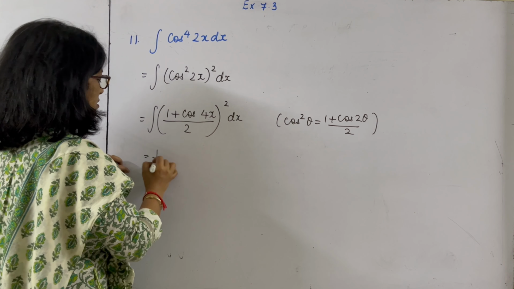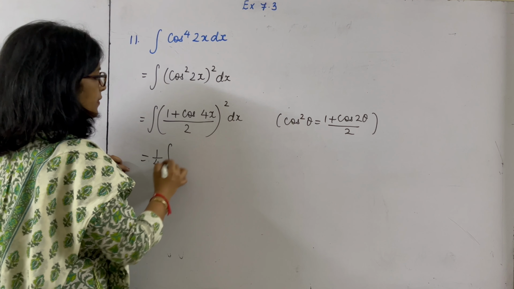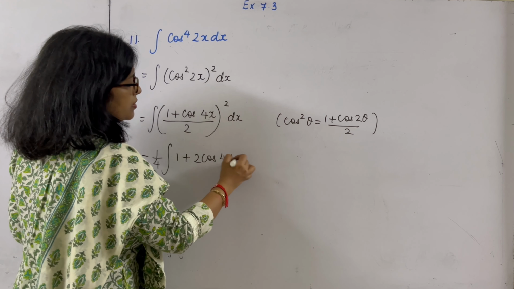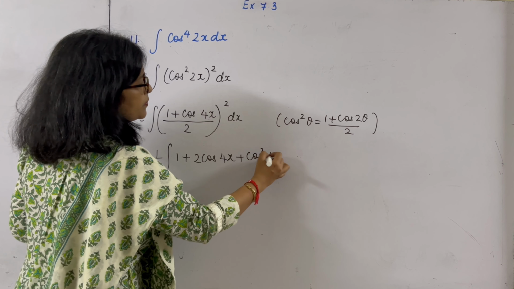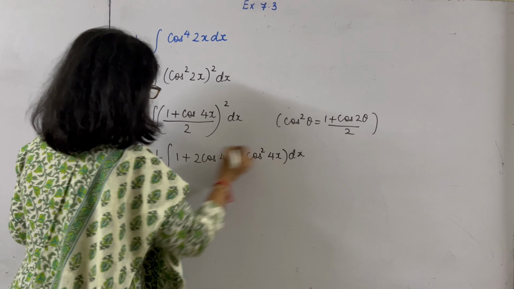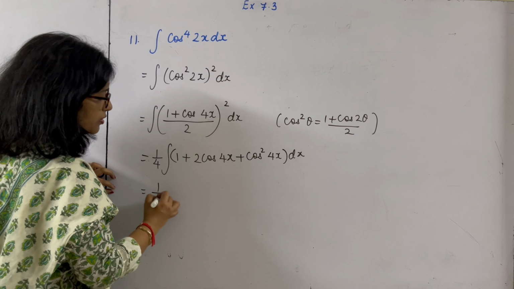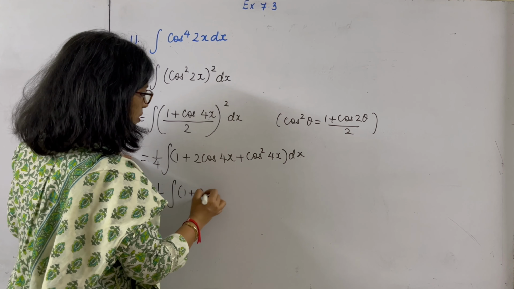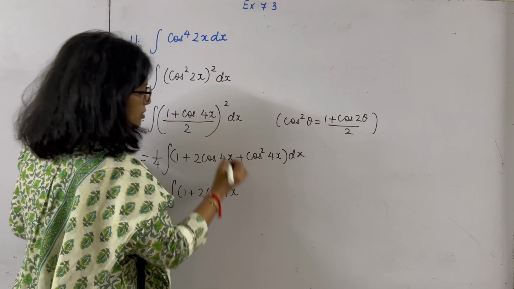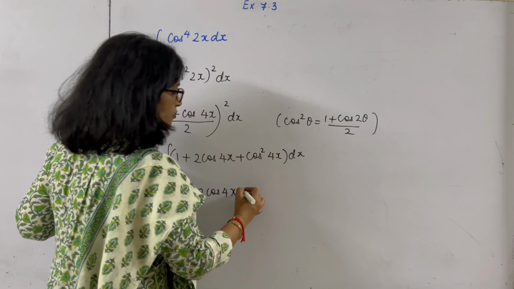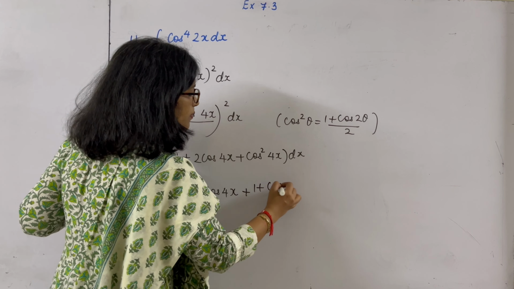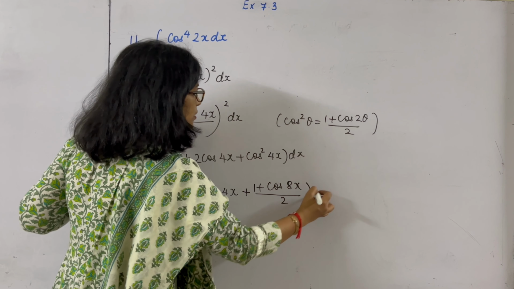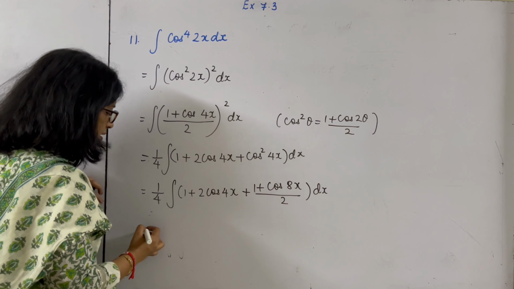Again, square of this, whole square, a square plus 2ab plus b square. Further, we will have to simplify. We still have cos square 4x, okay. So this is 1 plus 2 cos 4x plus cos square 4x, the formula 1 plus cos double the angle, once again the same formula. And now simplify and integrate.